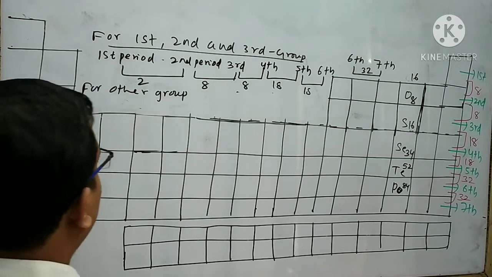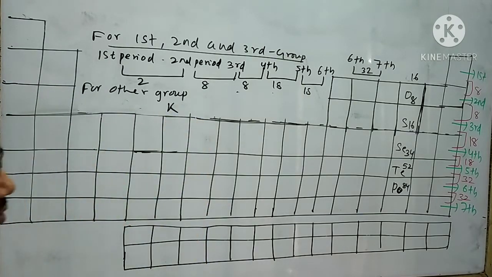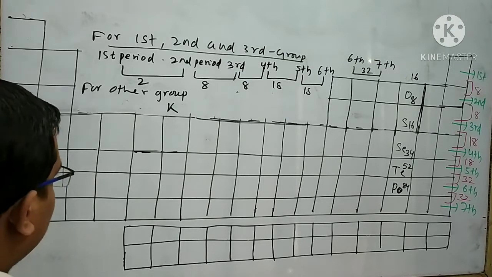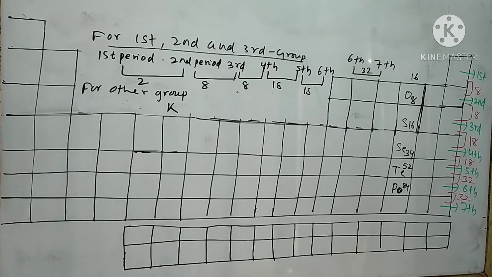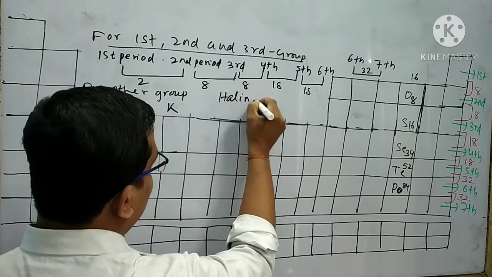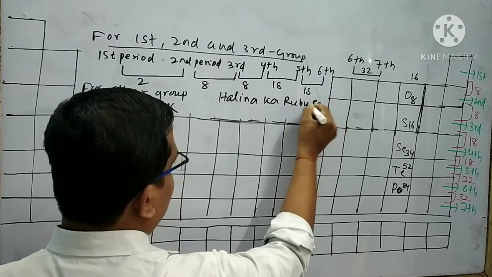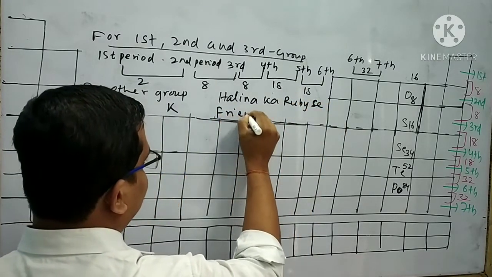Next I want to find out the atomic number of potassium. At first I want to check all the tricks in which trick potassium belongs. Potassium belongs to the group 1 elements. For group 1 elements, the trick is a mnemonic.